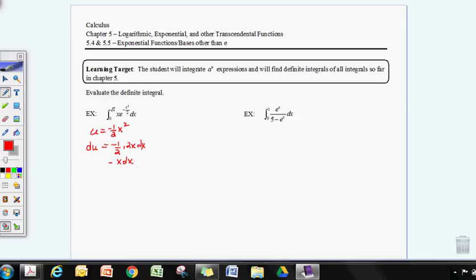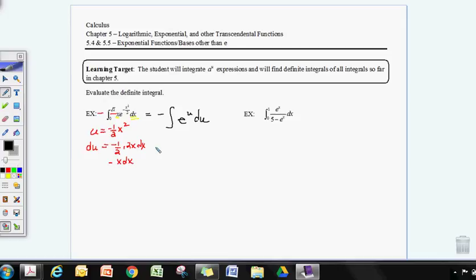I'm looking at my pieces, and notice I have the dx, I have the x, I'm missing the negative sign. So I'm going to put the negative sign in there and the negative sign in there. When I do that, I end up with negative integral of e to the u du.